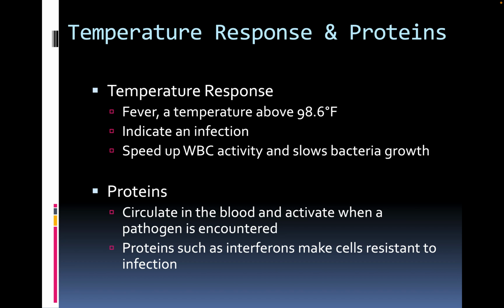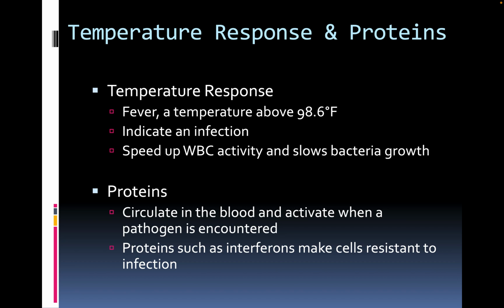Another non-specific response is the temperature response, which is a fever. So when you get a fever, really it's a reaction to an invader. It's not a specific invader. Your body senses that there is an infection or an invader in the body, and your body is actively fighting it.